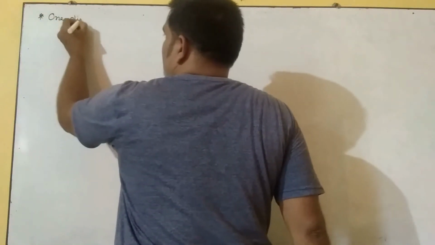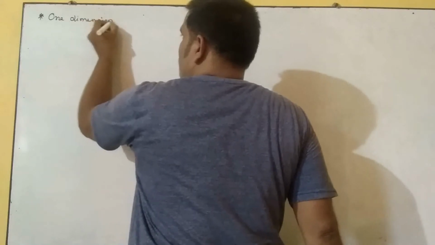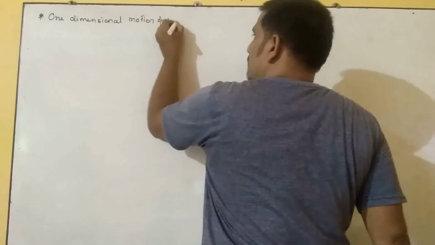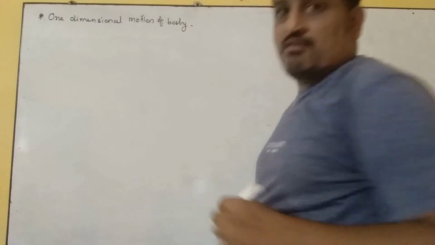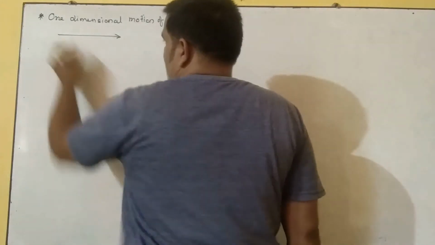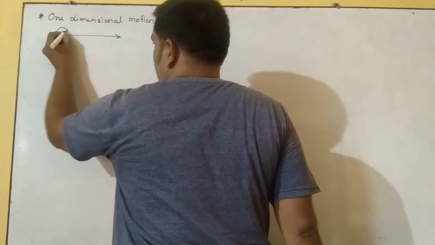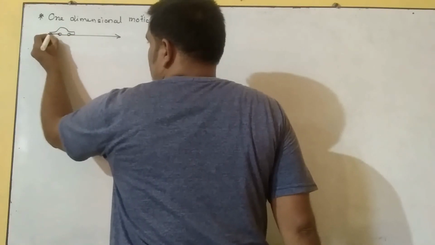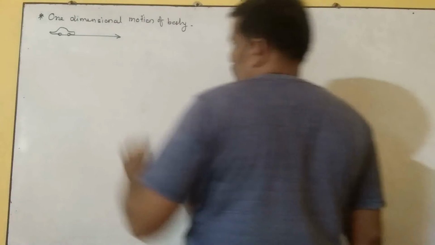One-dimensional motion of a body. Now when a body moves in a straight line path, then we can say the body is in one-dimensional motion.